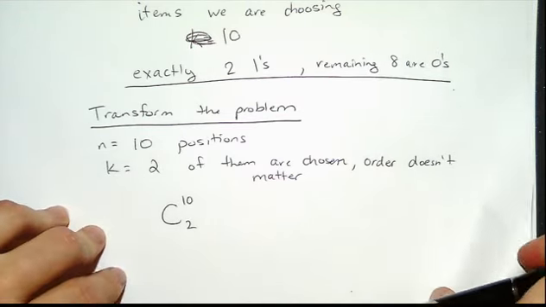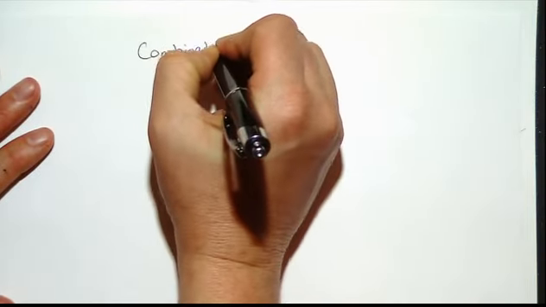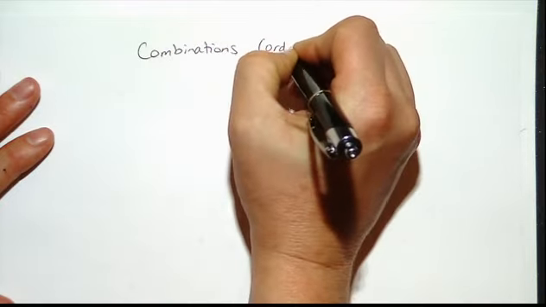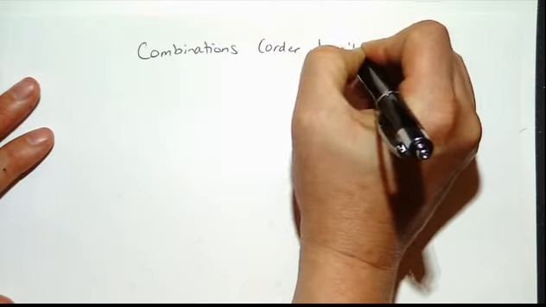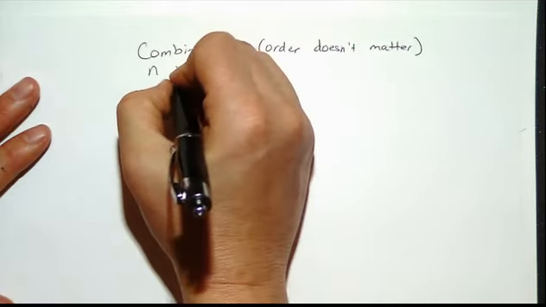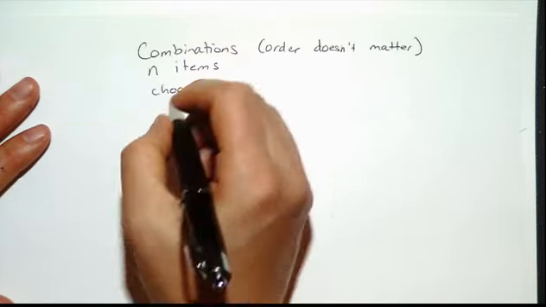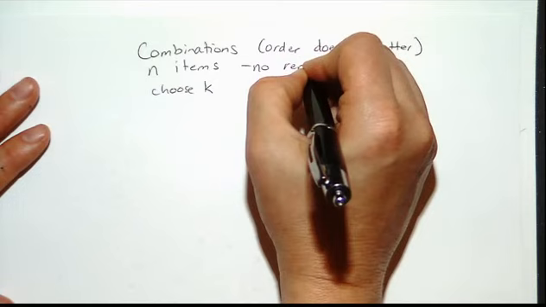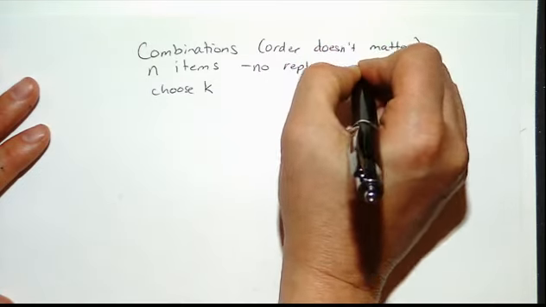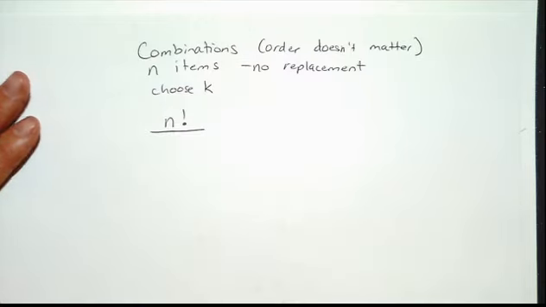So let's go back to writing formulas. Where we have combinations, this is where order doesn't matter. That's what we call it when order doesn't matter. We have n items to choose from, and we choose k, and there's no replacement. Then ordering those n items is what we do first.